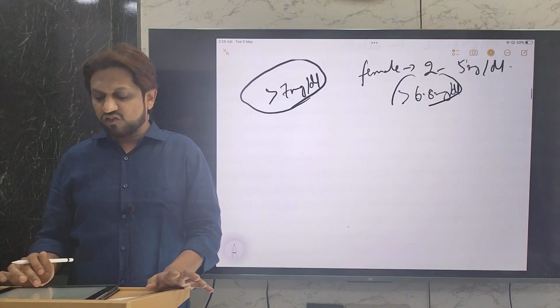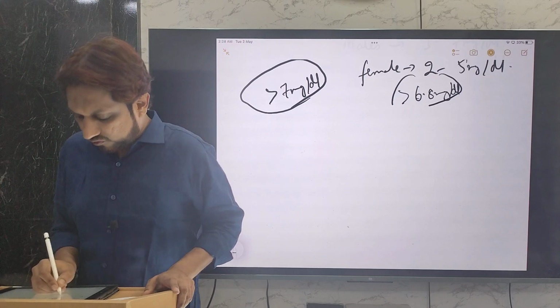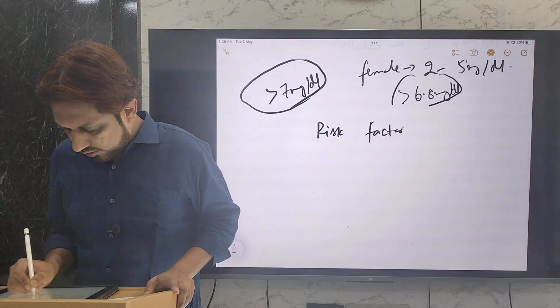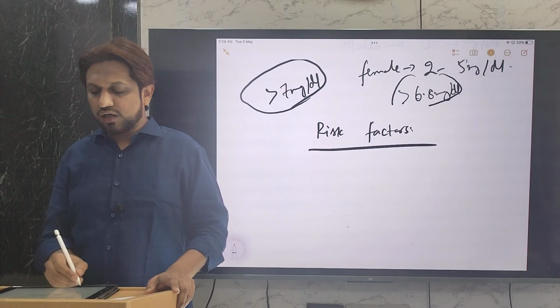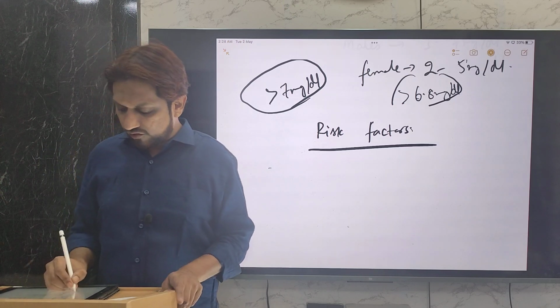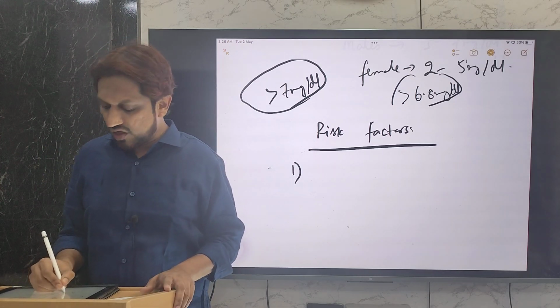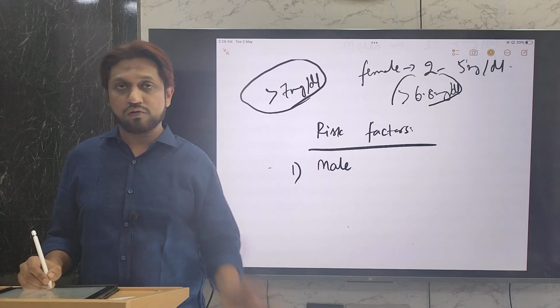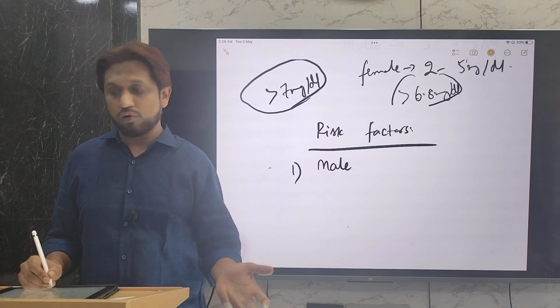There are so many risk factors in that. We will discuss the risk factors in the pathogenesis itself: in whom will gout occur, who are the people at high risk? First and foremost, as we discussed in the epidemiology, males are at high risk. The male to female ratio is higher, so males are more commonly affected.